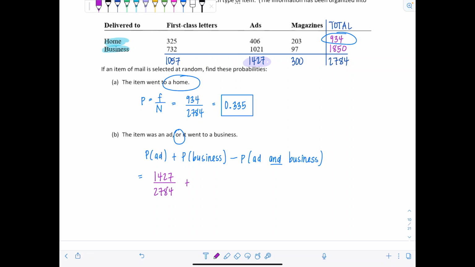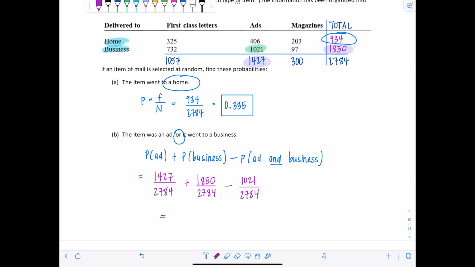How many went to a business? 1,850 over 2,784 minus, what did we double count? How many ads went to businesses? 1,021. So subtract that. We counted those twice, out of 2,784.